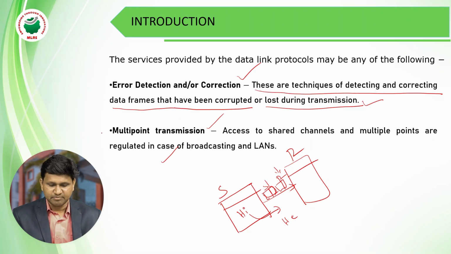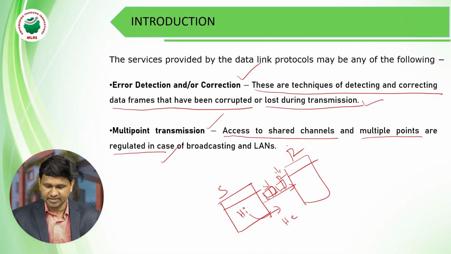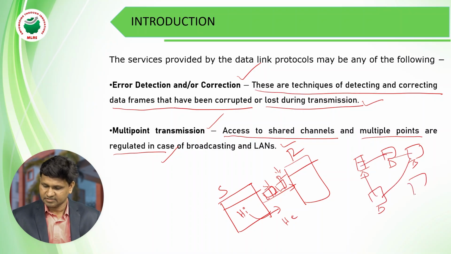The last one is multi-point transmission. Access to shared channels and multiple points is regulated in case of broadcasting and LANs. For example, I have a LAN. These are a few computers in the LAN, and this is, suppose, a server connected with some routing point.